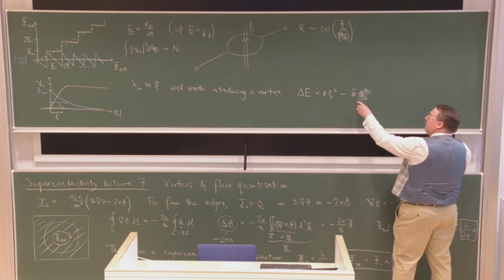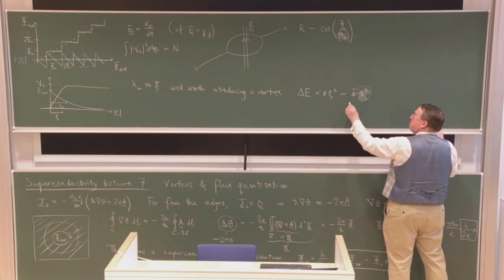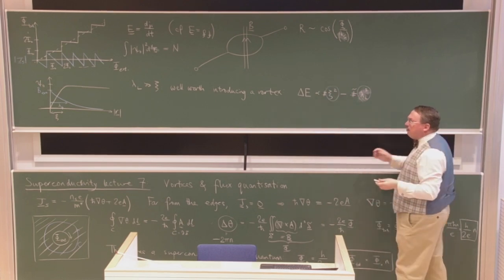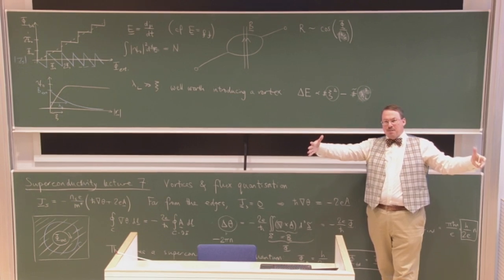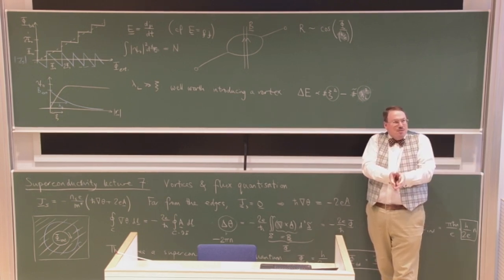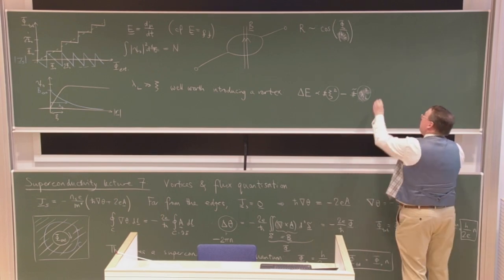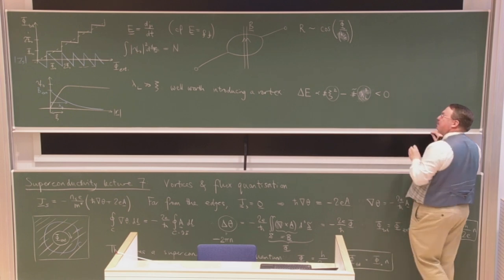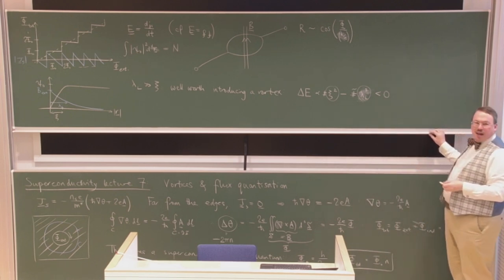And in the case where the London penetration depth is much bigger than the coherence length, the volume in which you can admit the field is much bigger than the volume in which you had to lose the superconductivity, so that's worth doing. This energy change will be negative, and so you will introduce a vortex.